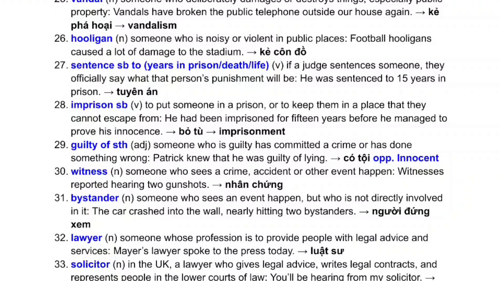Example: he was sentenced to 15 years in prison. Sentence somebody to death means to use capital punishment for that person, or sentence somebody to life means to put that person in prison forever, until that person dies.